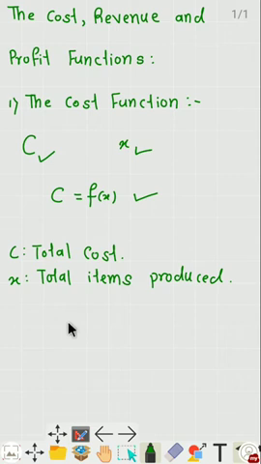Instead of total cost, suppose we are given the cost of each item. In such a case we find the total cost function like this. A manufacturer produces x units at a cost of rupees 10x plus 5 per unit.